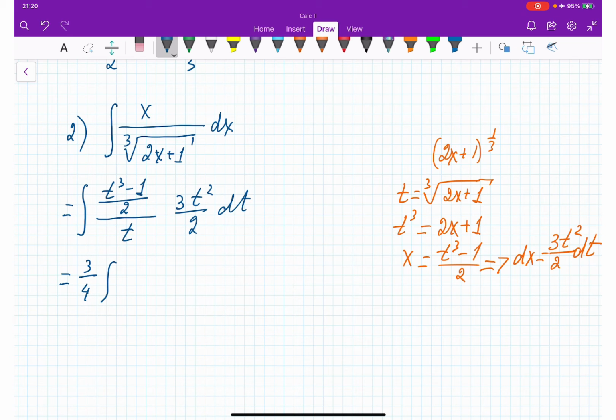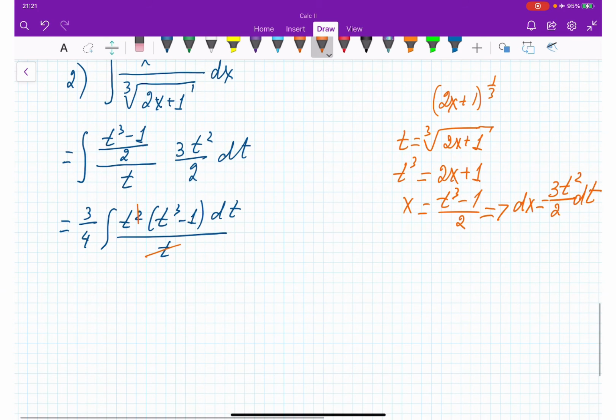And what I will have here in numerator, so let me see, t squared, t cubed minus 1 dt, and divided by t. So this t is gone with this squared, right?